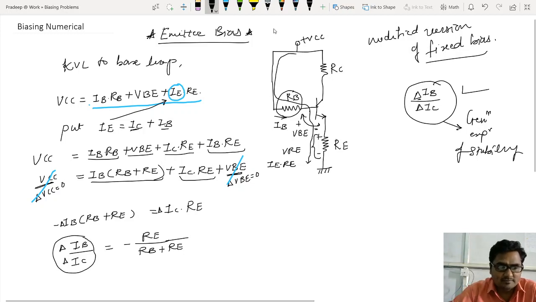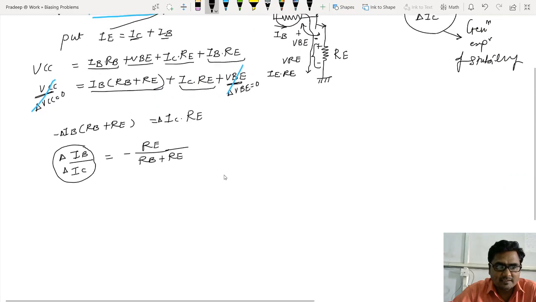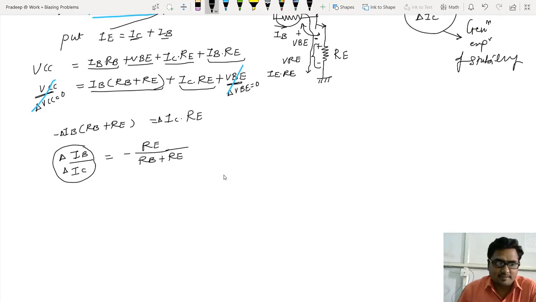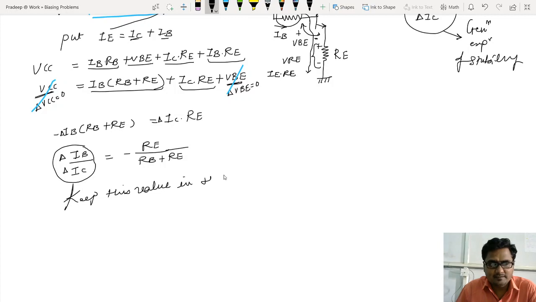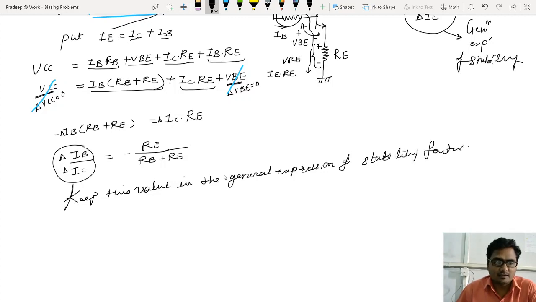Now put this value of delta IB and delta IC in the general expression of stability factor. First tell me, what is the general expression of stability factor?